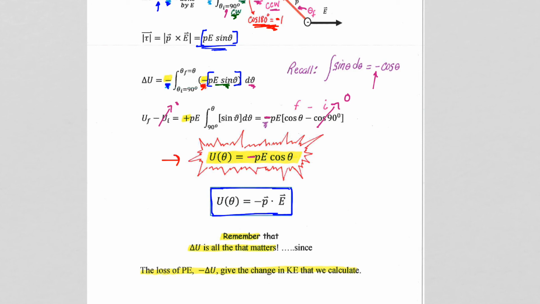And that equation is so important because of this reference at the bottom that is stating for you to remember that it is really important that delta U is all that matters, right? Because it's the loss of potential energy, that negative delta U, that is going to give us that positive change in kinetic energy that we calculate.